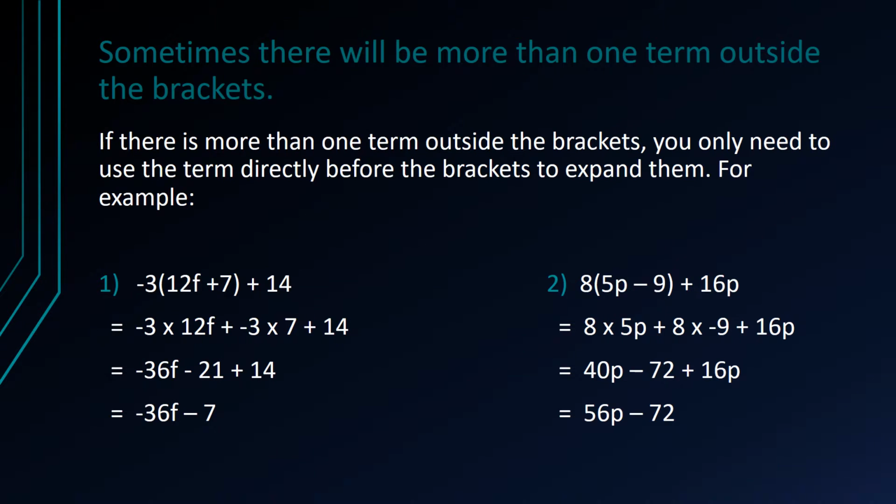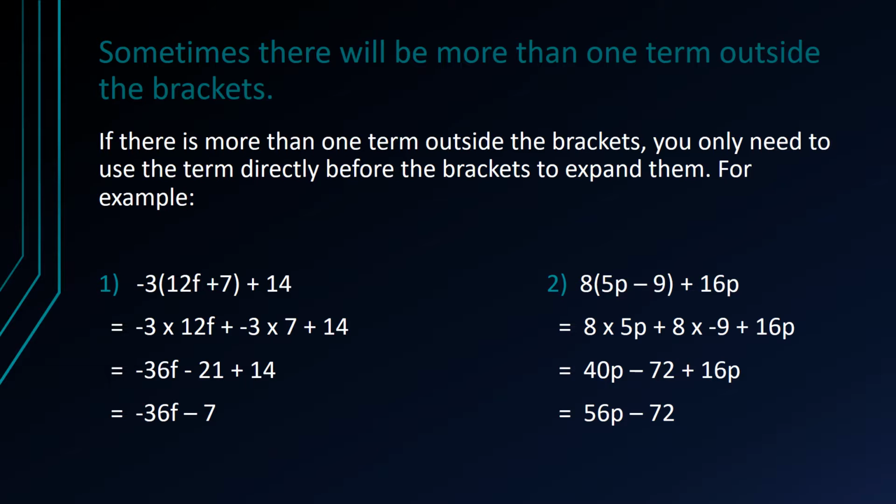Sometimes there'll be more than one term outside the brackets, and if there is more than one term outside the brackets, you only need to use the term directly before the brackets to expand them. For example, in this one, negative 3 in brackets 12f plus 7, and then another plus 14 on the end. You only use the negative 3 that was before the brackets in order to expand them out.